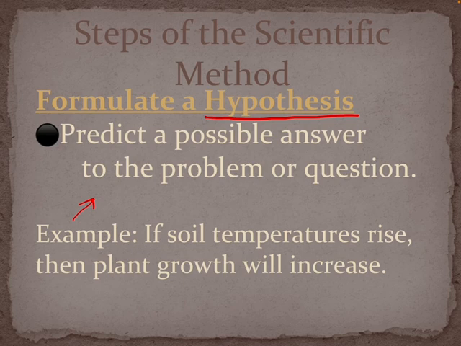That's your question. So you've now made your question, you've done your observations, and you've come up with this hypothesis that you believe: if soil temperature rises, plant growth will increase. That's your hypothesis. You believe that.